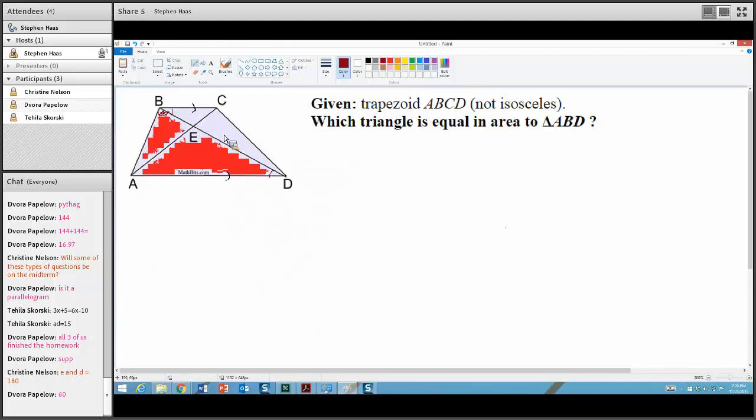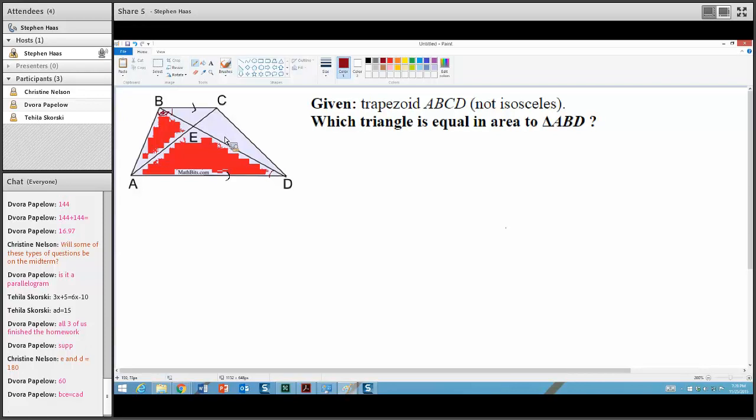It's a good question. How would we figure that out? Honestly, I'd have to think about this a little bit longer.